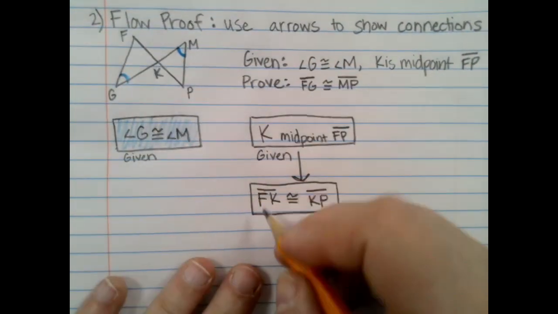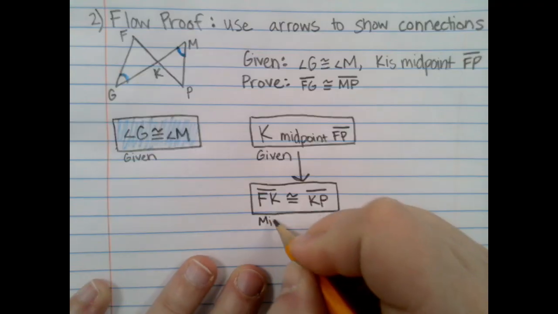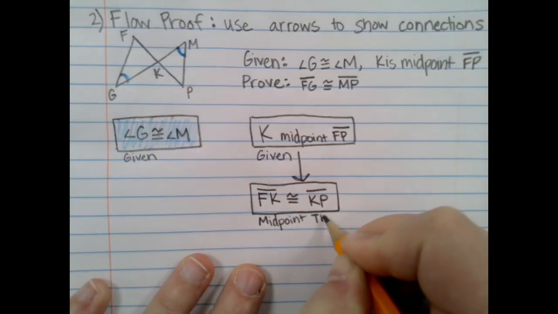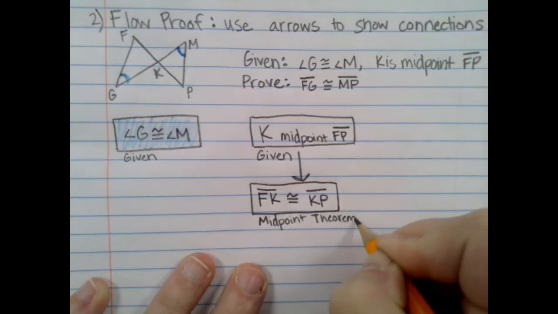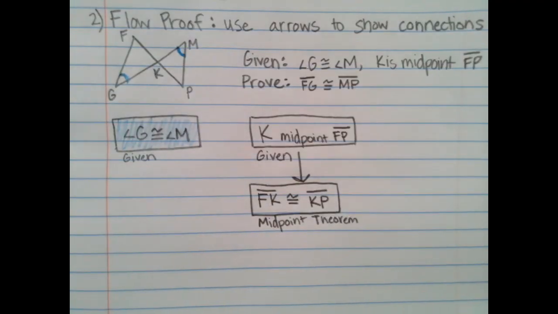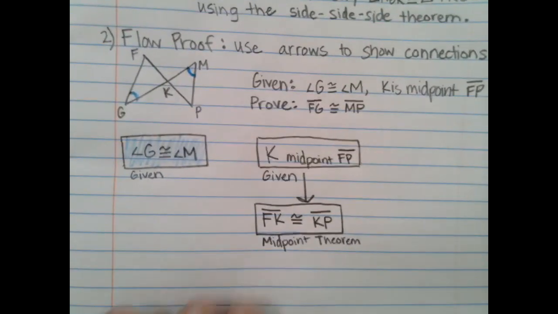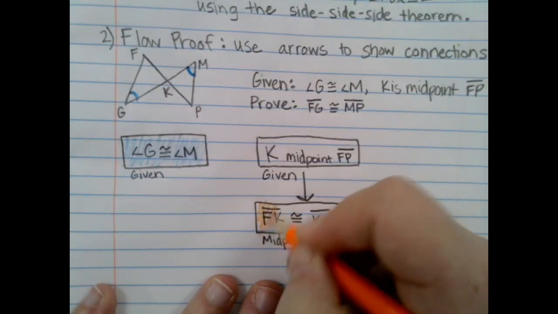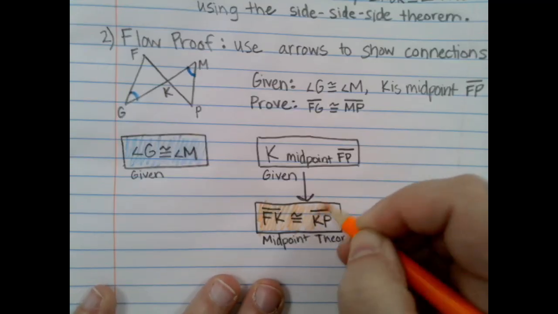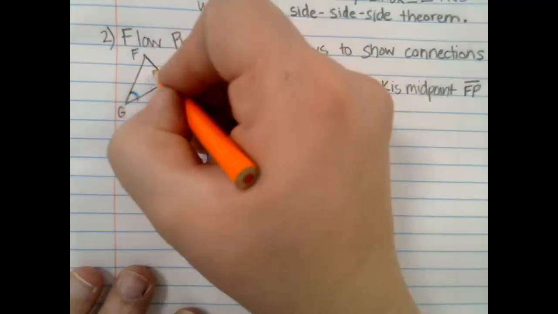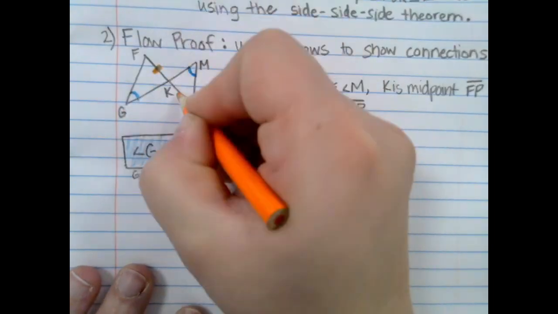And in fact, that was our midpoint theorem. Okay, if you want to color code that like we did yesterday, this one was our orange one. If you didn't use the same colors, you can just look back at yesterday and see what colors you used. But we said this was the same as this.